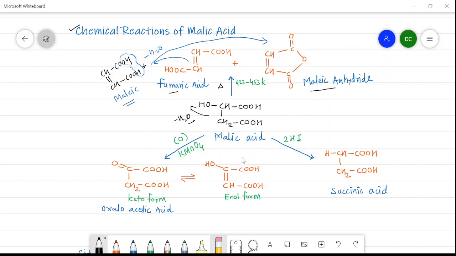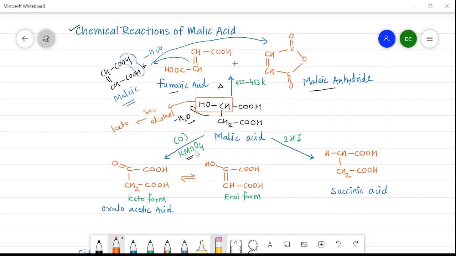Now the second reaction of malic acid is that it undergoes oxidation in the presence of KMnO4. Now carefully observe the structure of this malic acid. There is a presence of a CHOH group. It is a secondary alcohol, and this secondary alcohol undergoes oxidation to form a ketone.